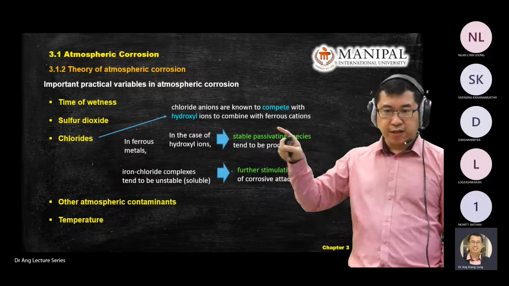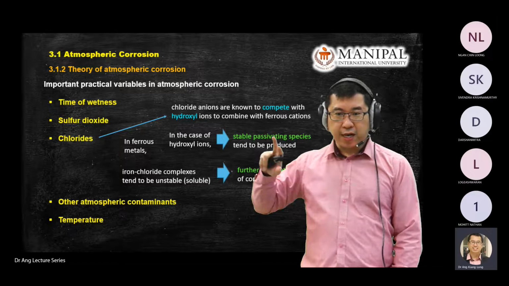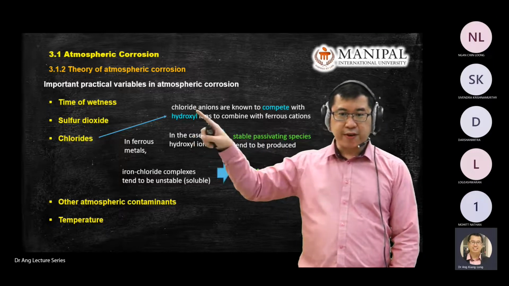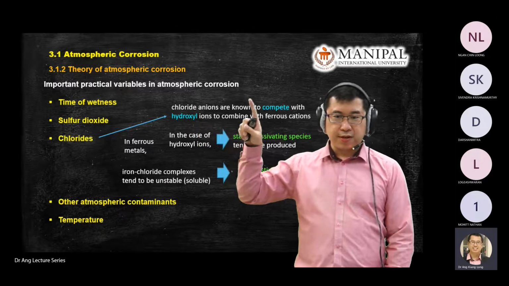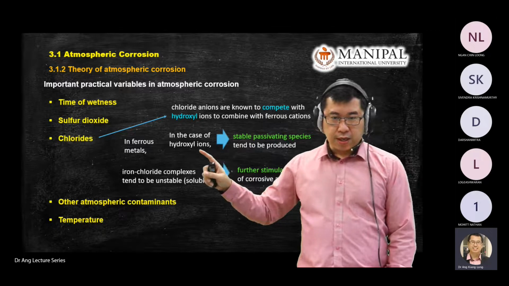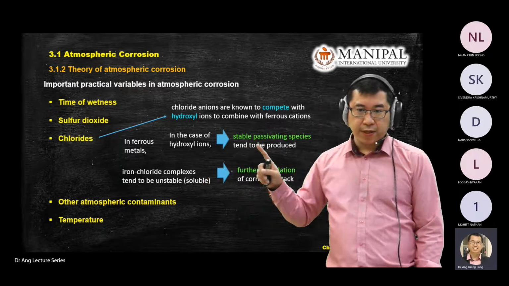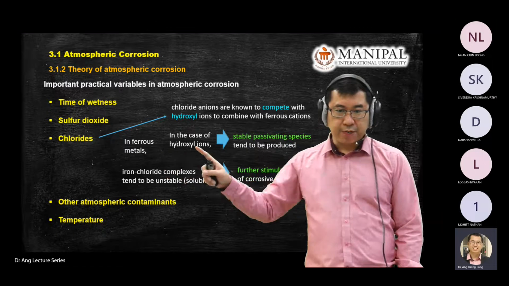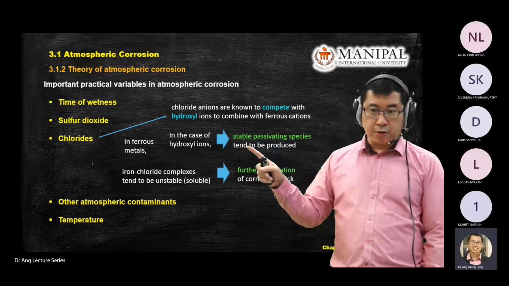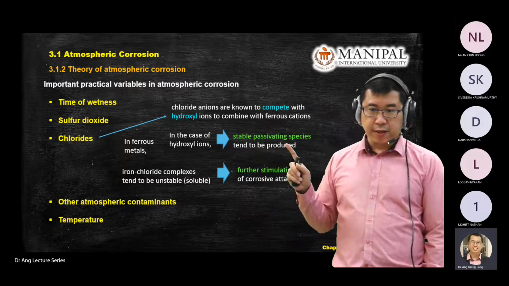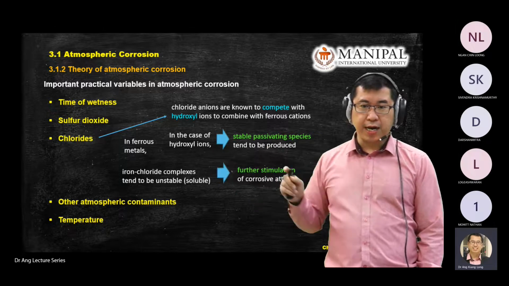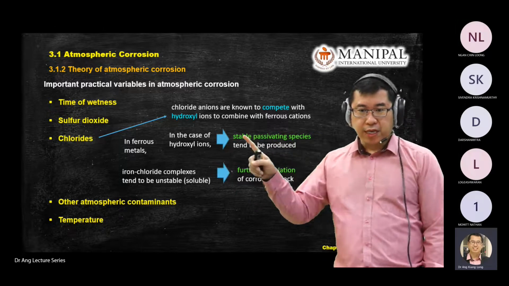OH negative is the one that contributes to the alkaline pH value. This chloride will always go and fight with this OH. All right. So on the metals, in the case of OH negative ion, in ferrous, if you have OH negative ion, basically they are more stable. They are more stable, and I mean the products, the species, when combined with the hydroxyl OH negative, they will become more stable.